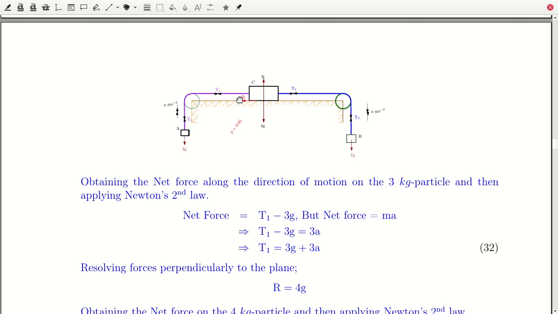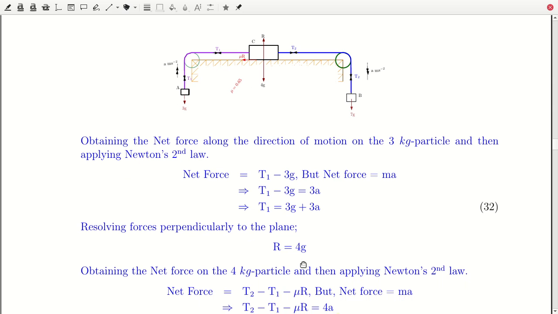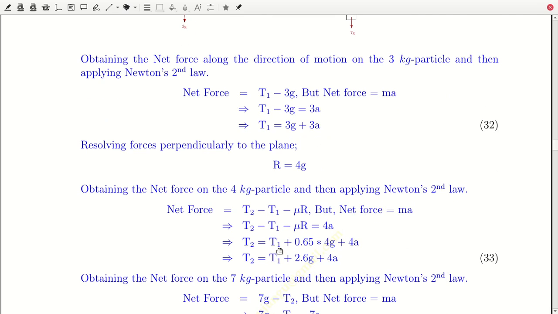But mu is given as 0.65 and R we have got as 4g. So when we simplify, T2 minus T1 minus mu R is equal to 4a, where 4a is now the net force from Newton's second law. When we simplify, you get T2 equals T1 plus 2.6g plus 4a.